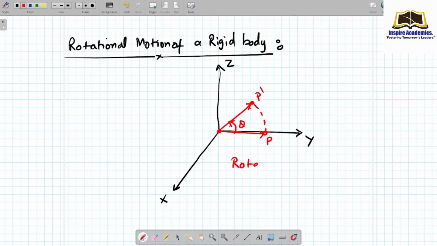Remember, rotational motion about z-axis.